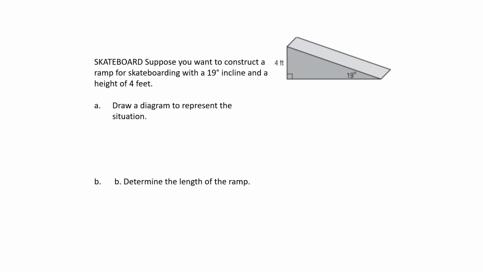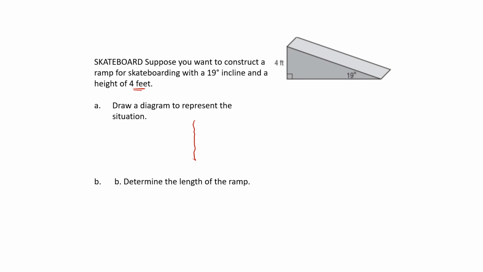So here is another easy example. Suppose you want to construct a ramp for a skateboard with a 19-degree incline and a height of 4 feet. Remember, the height is always given by a vertical line.